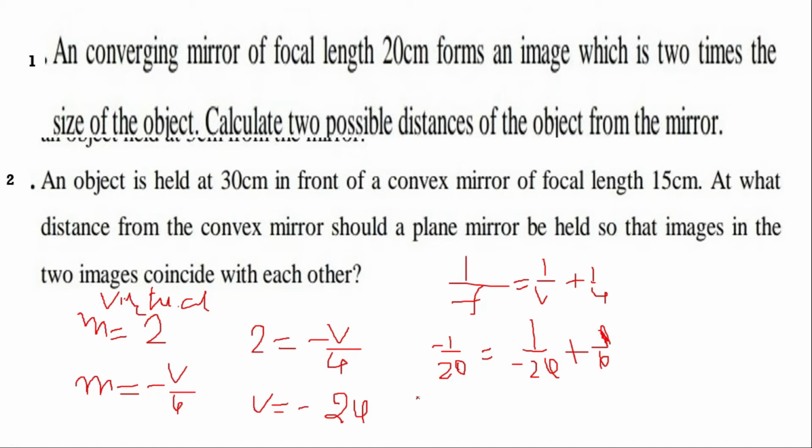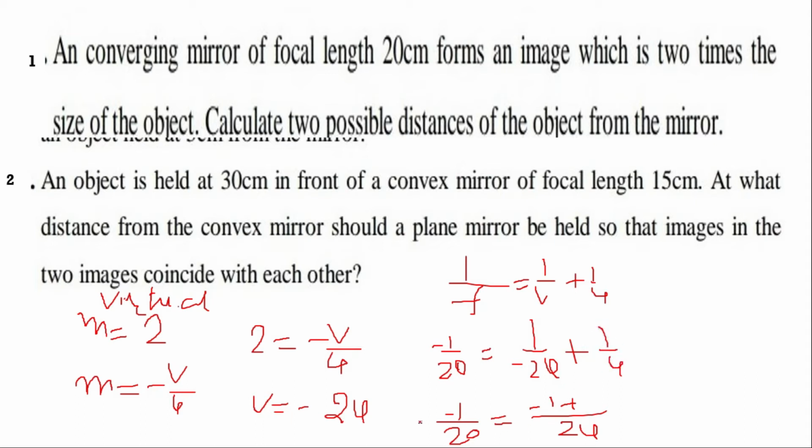After that, what we'll do? This is 1 by 20, minus 1 by 20, and we'll take the LCM of this, 2u. So this 2u cancels, so what will come? Minus 1, and plus this is again the u only. I'm replacing this so that you can understand well. This is 1 by u.